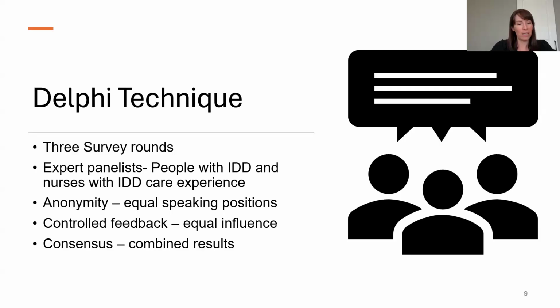The benefit of Delphi is that experts share their opinions about a topic anonymously, and then in subsequent surveys, panelists are provided anonymous controlled feedback from the group response rate and key quotes to open-ended questions to consider when rewriting survey items that did not reach consensus. The anonymity promotes equal speaking positions for everyone and the opportunity for each person to influence others.